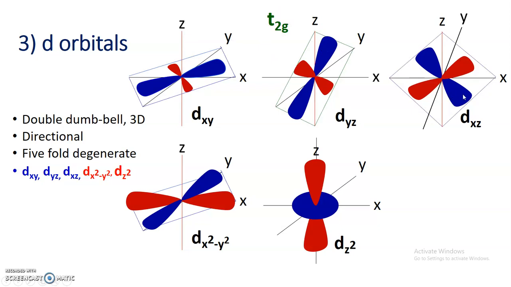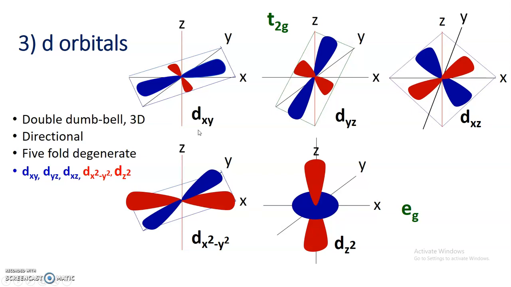At one energy level these 3 orbitals exist, that is the T2g orbitals. They have equal energy, and the other energy level is occupied by eg orbitals. So dx square minus y square and dz square orbitals are called eg orbitals, doubly degenerate gerade orbitals. So this is about the shape of d orbitals.